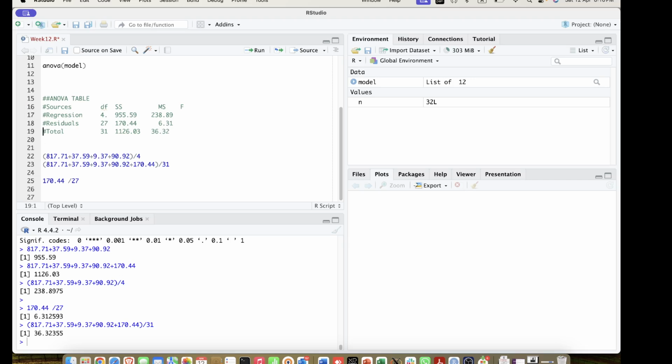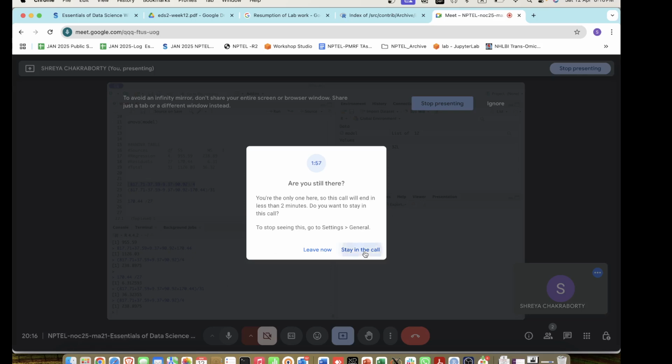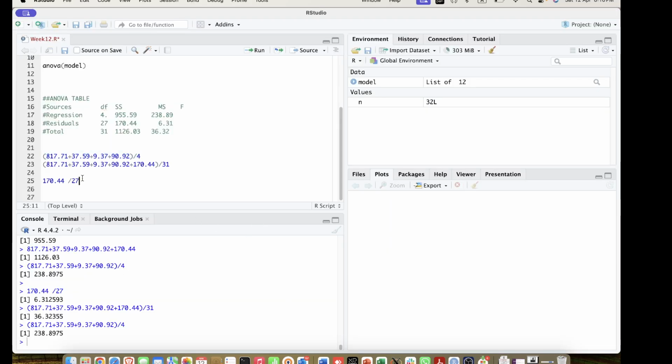Okay, so F is then 238.89 divided by 170.44 divided by 27.